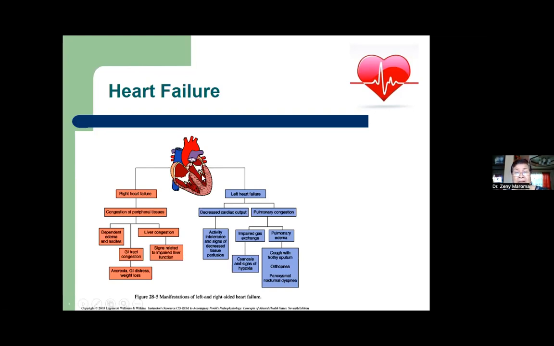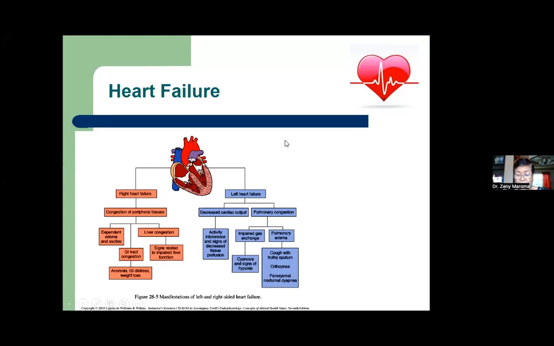Ibig sabihin, there's retention of blood in the left ventricle. Dapat yung dugo dito papasok na dyan dahil may traffic dito, there's incomplete emptying of the left ventricle, unable to accommodate blood coming from the left atrium. And therefore, blood will be dumped back to pulmonary vein to the lungs.